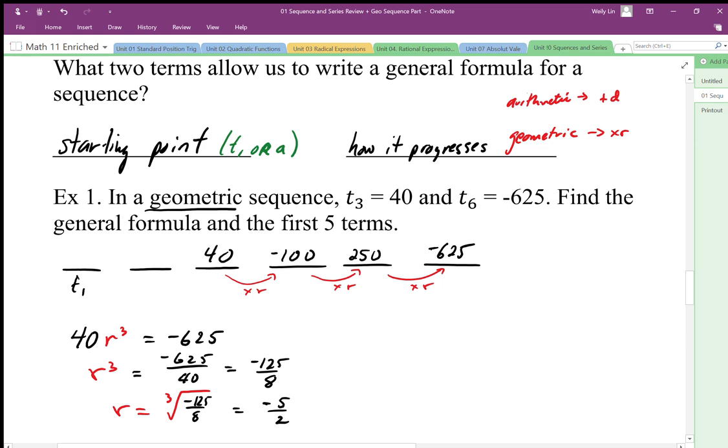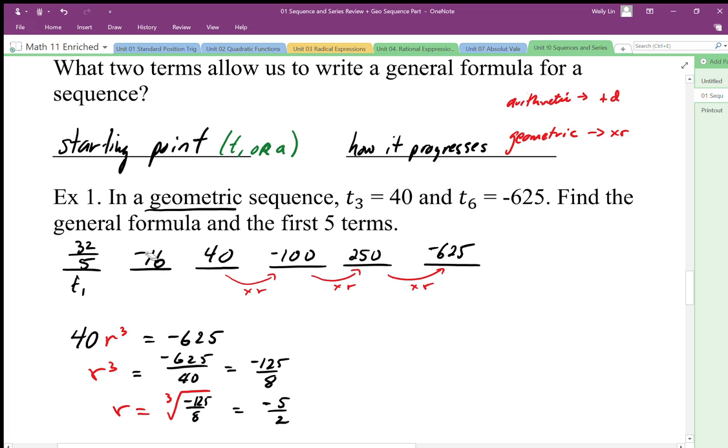So to write the general formula, I have my r. I need to work out my t1, and I can just work backwards. If I times going to the right, I'm going to divide going to the left. 40 divided by negative 2.5 works out to be negative 16. Dividing that by negative 2.5, I'm going to end up with 32 over 5. I think that's right.